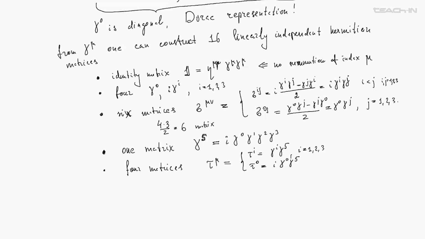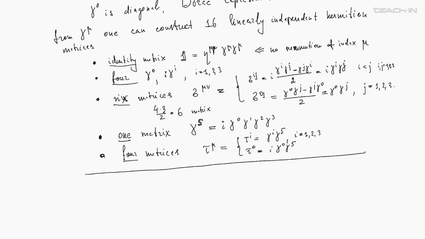If you count the total number of matrices we have introduced, there should be 16 of them. Indeed, we have 4 matrices here, 6 matrices, so in total 10, plus 4 that's 14, plus 1 matrix, 15, and the identity matrix, 16. So in total 16 Hermitian matrices constructed with the help of gammas.